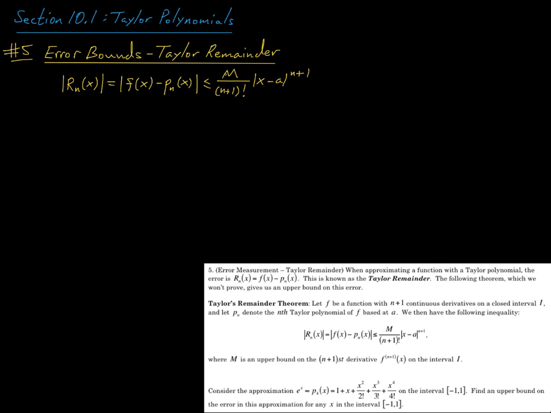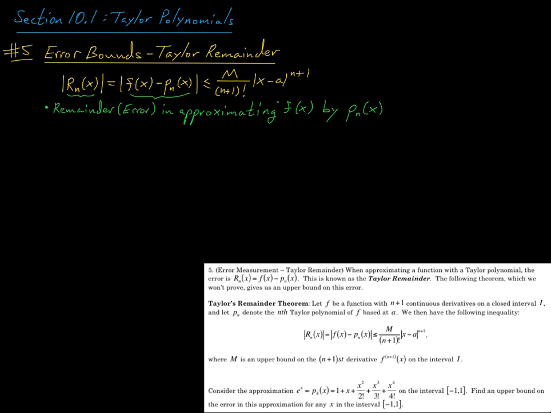It can be no larger than this number M, which I'll say more about in a second, divided by n plus 1 factorial times the absolute value of x minus a raised to the n plus first power. Again, the quantity on the left of this inequality is the remainder term.